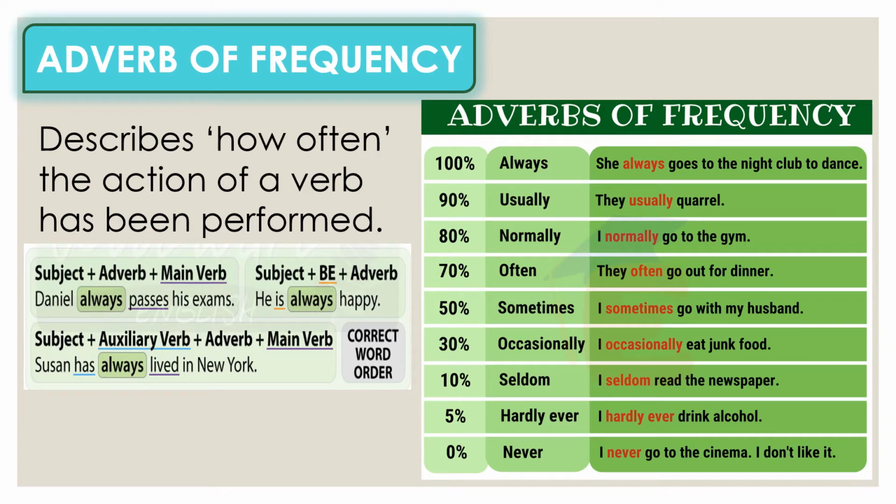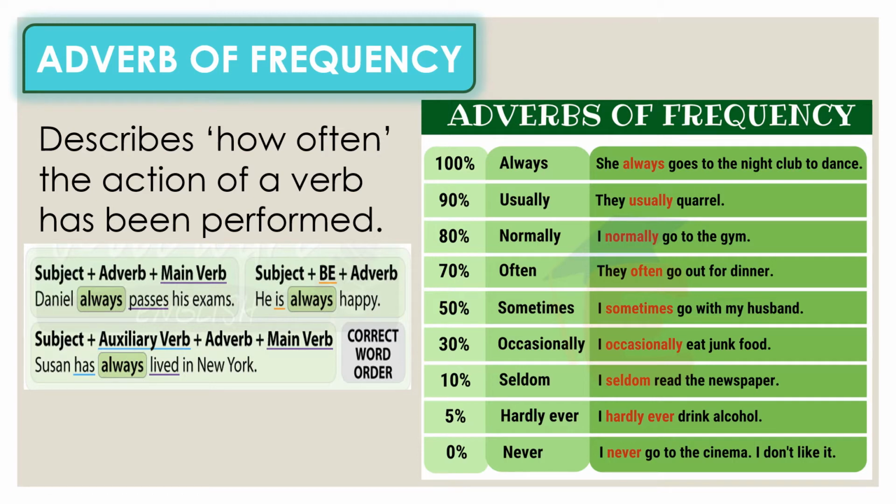Fourth one is adverb of frequency. It describes how often, or you can say how many times, an action has been performed in a sentence or in their use. So as you can see in this table, we have taken some examples of adverbs of frequency and their percentage has been shown, like at what percent which adverb of frequency can be used.